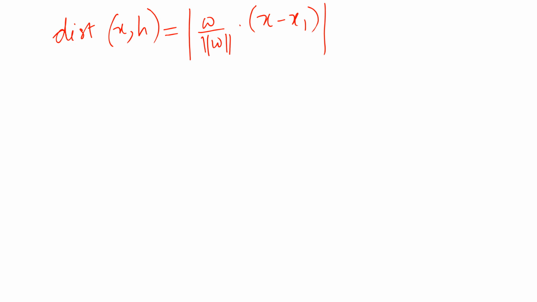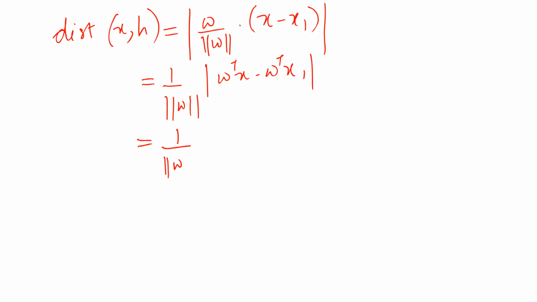How can we find the distance between two points? Let me rearrange a few things. This comes out to be w transpose x minus w transpose x1, and this is the distance from x to h. Can we rearrange a little bit more? Not really. I think this will stay here.